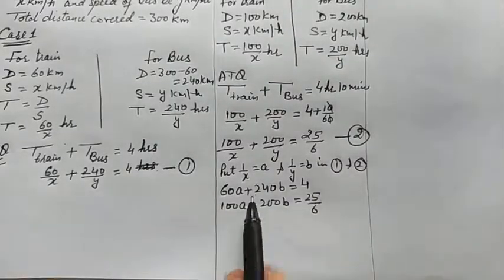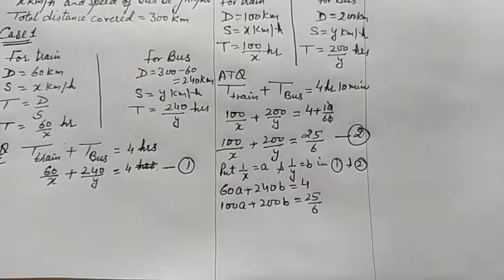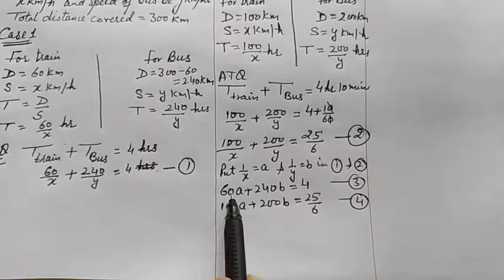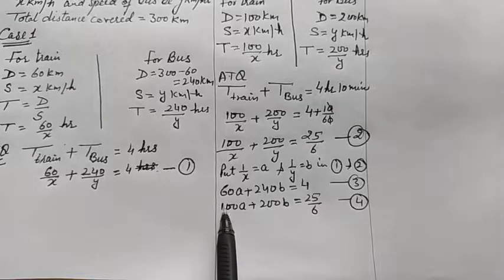Now we'll solve these two equations with the help of the elimination method. So see here, if I multiply equation 3 by 10, I get 600a, and equation 4 by 6, so it will be 600a, and the coefficient of a will be the same in both the equations. So this is what we are doing with the elimination method.